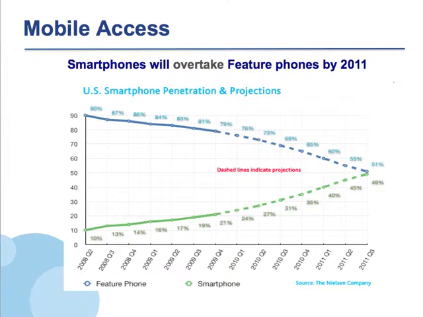This next slide here shows the decline in the use of feature phones, the blue line there, and the increase of smartphones. And this projection is that middle to late 2011, there's going to be sort of equal use of smartphones and feature phones.